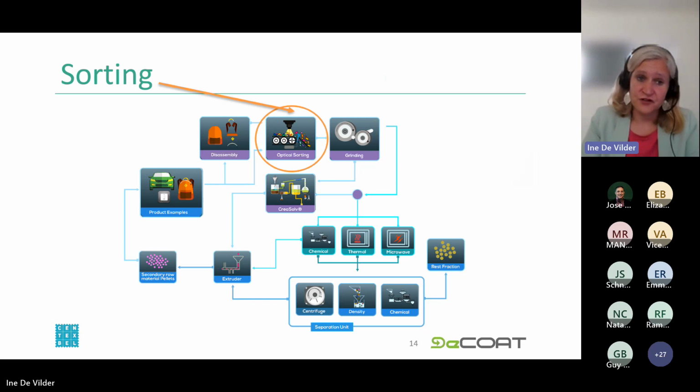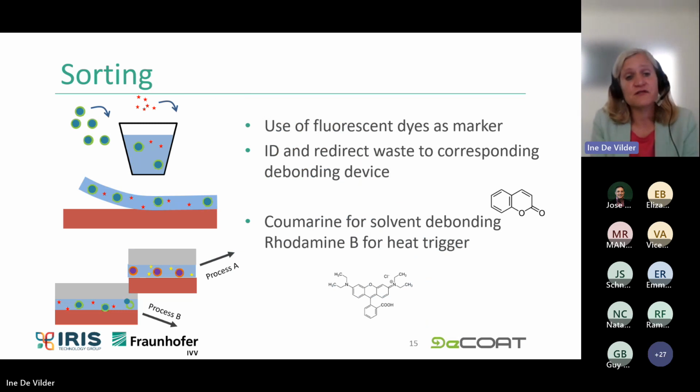Then we have, of course, a first step, which is the sorting, which also needs to be taken into account. There we use a fluorescent dye as a marker, and by using this fluorescent dye we can do an identification of a sample and also redirect the waste to the corresponding debonding device. For example, a certain additive might need heat to be debonded, or it might need to go to the Creasol process.